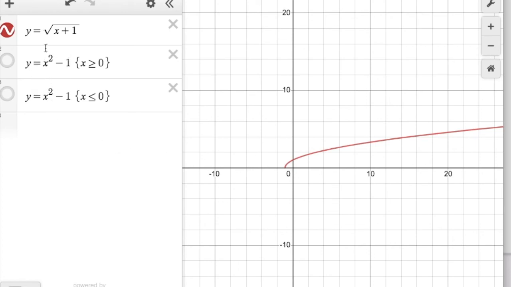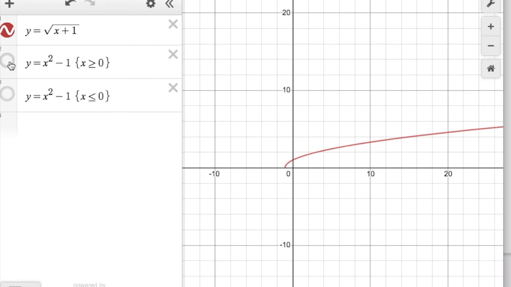There's no positive or negative square here, but the question is, what part of the domain is going to be included in the inverse function? Well, this original square root function was the positive one. So I would encourage you to take just a minute and think, which domain are we going to do? Are we going to do the one that's greater than 0 or less than 0? And hopefully you're thinking greater than 0, because it's positive greater than 0, negative less than 0.